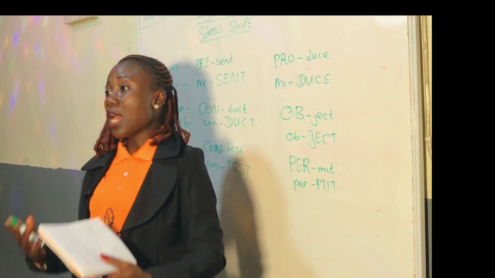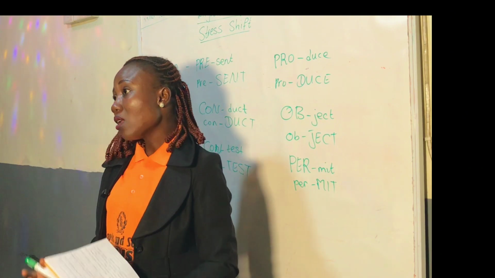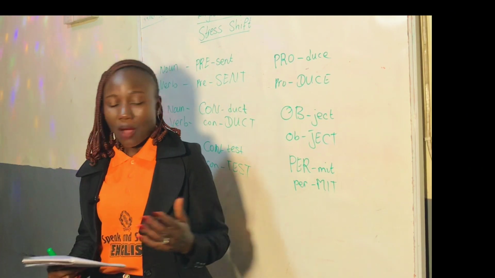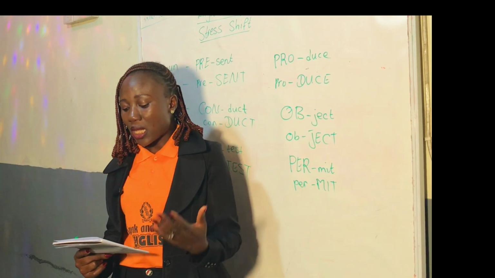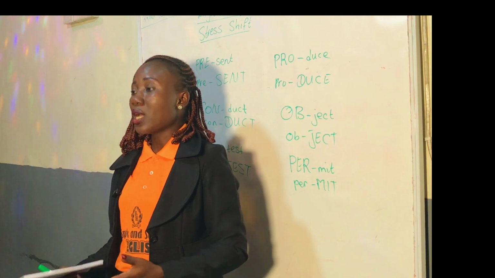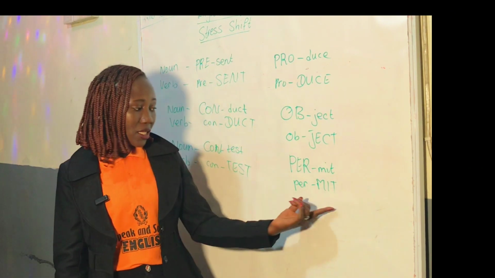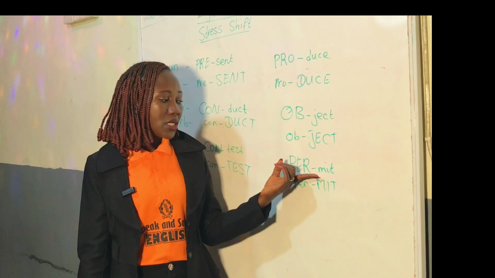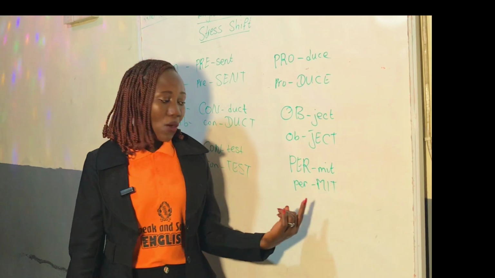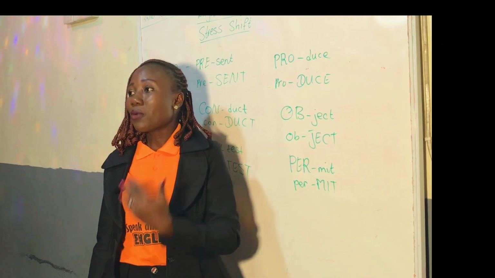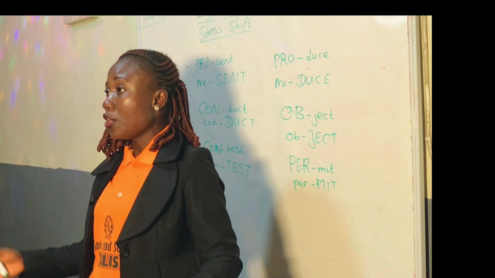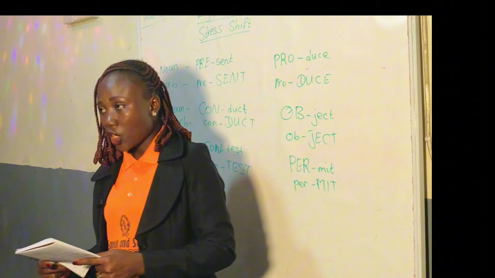A document that you have that permits you or legalizes you to do something or to move something around. And what about permit as a verb? Permit is to allow to happen, to grant permission. When you allow something to happen or when you grant someone permission to do something, that is a verb, permit. But when you say permit as a noun, that is a document that makes something legal. And when you say permit as a verb, that is granting someone allowance to do something or telling someone that, okay, you're free to do what you want to do.